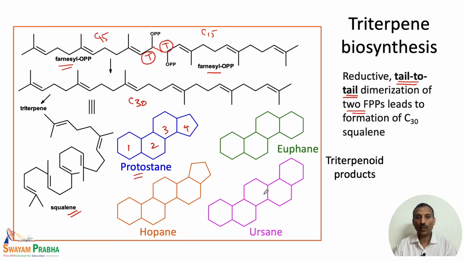Ursane has 5 6-membered rings. Hopane has 4 6-membered rings and 1 5-membered ring. So these are all the basic skeletons which are formed from squalene. Here if you look, there is a 6 and 5 combination, a 6 only combination, another 6 only combination, and another 6 and 5 combination. So different complex structures are produced from a simple squalene unit.